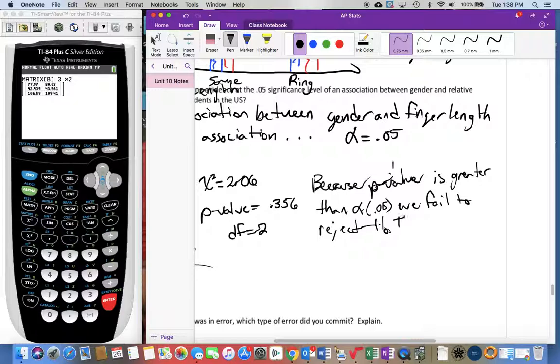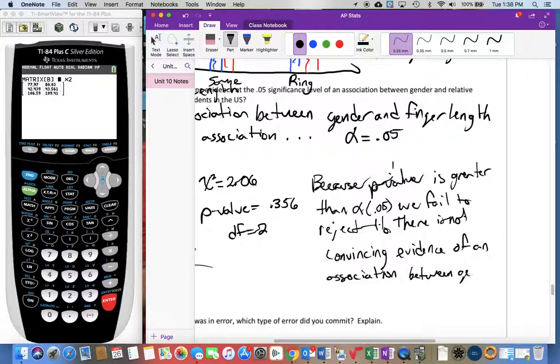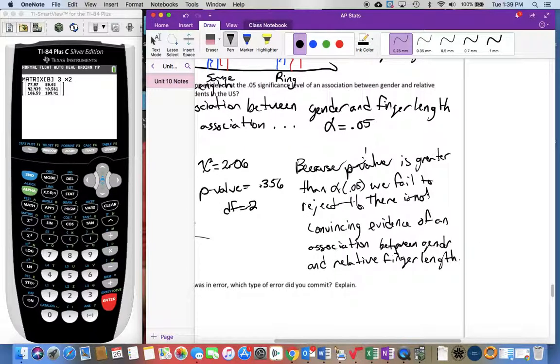In other words, there is not convincing evidence of an association. So notice that we have again changed from distribution to an association between gender and relative finger length.